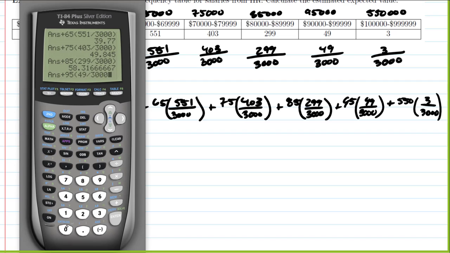And then lastly, plus 550 times 3 divided by 3,000. We get this value, and then this is in thousands, so times 1,000.